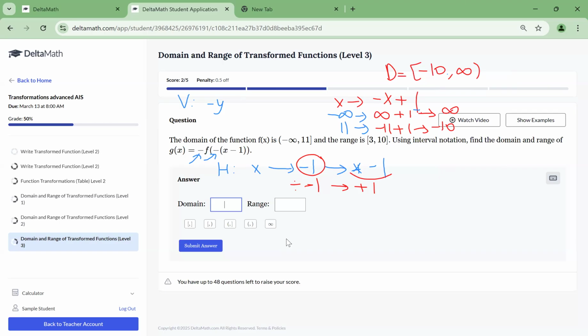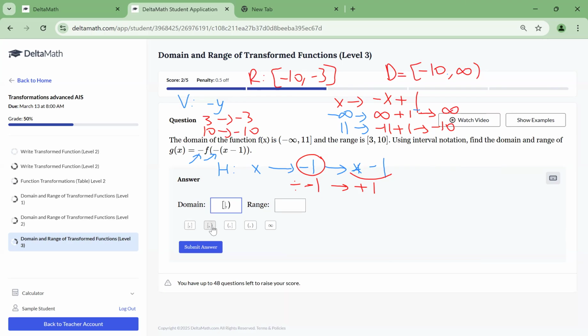So we have 3 and 10. These just become -3, -10. So the range is -10, -3. So for the domain, we have -10 to infinity. For the range, we have -10 to -3.